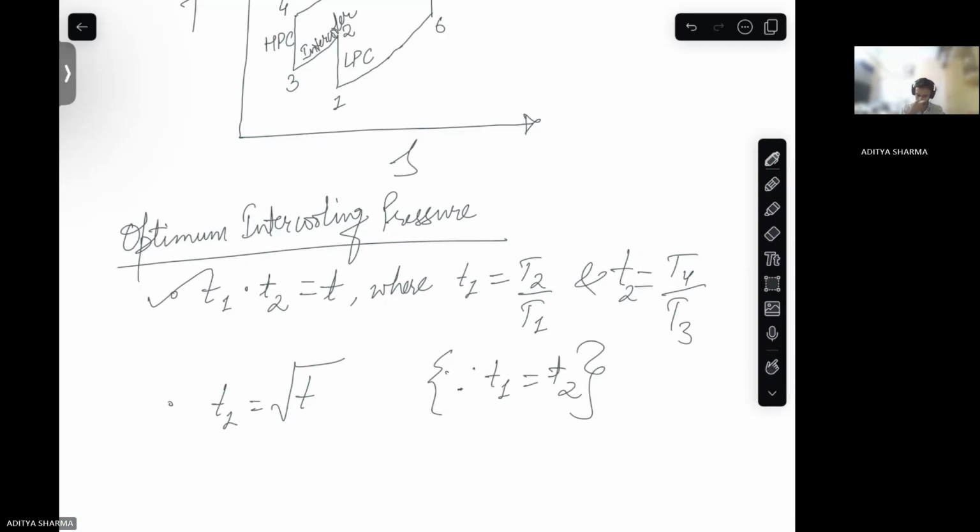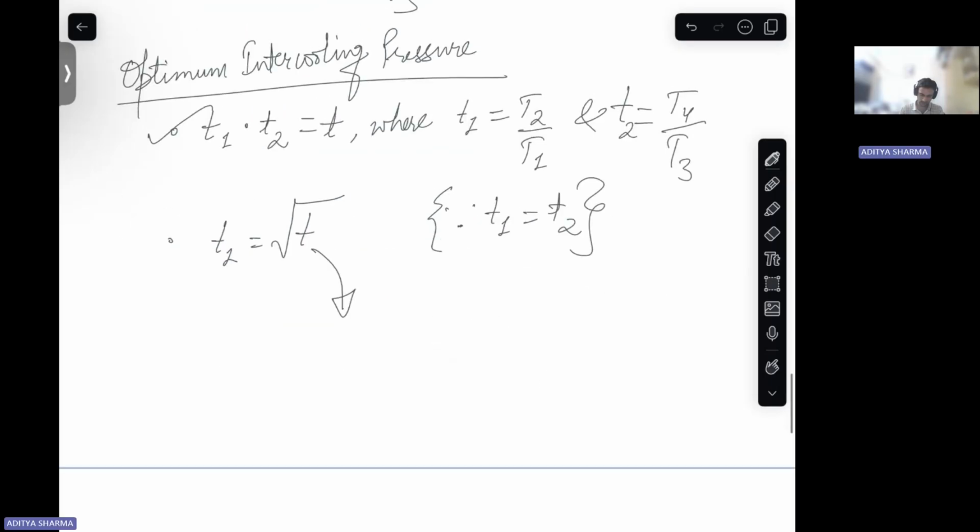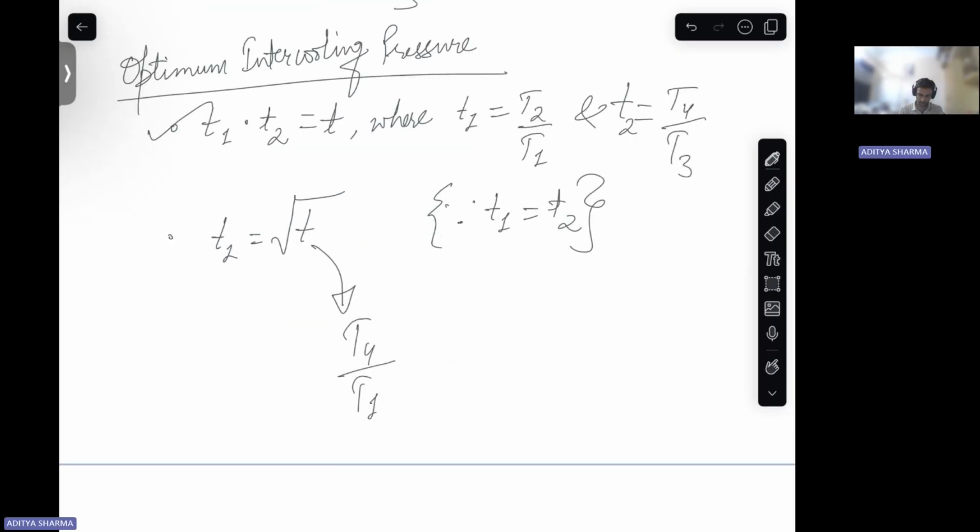All right. And this basically is T4 by P1 or P4 by P1 to the power gamma minus 1 by gamma. So this has been worked out in your lecture number 11.